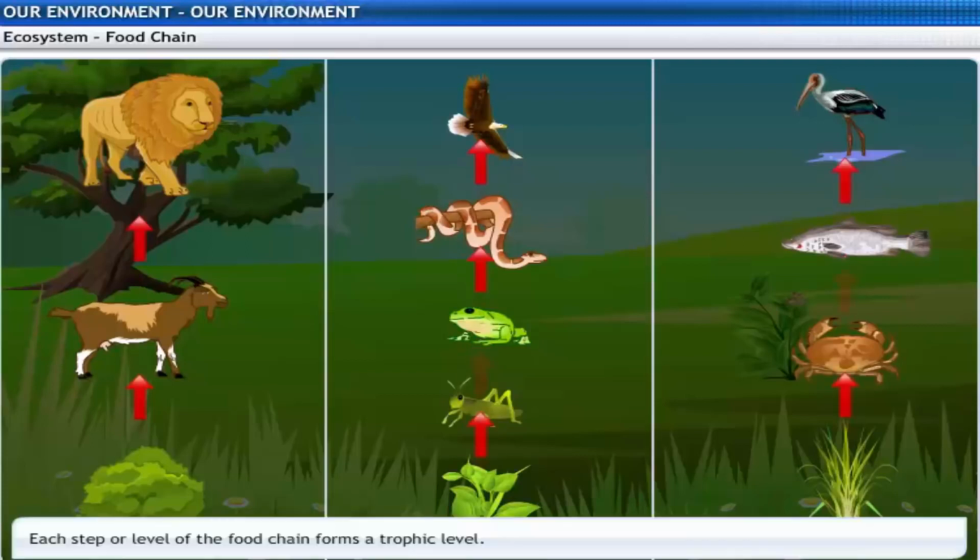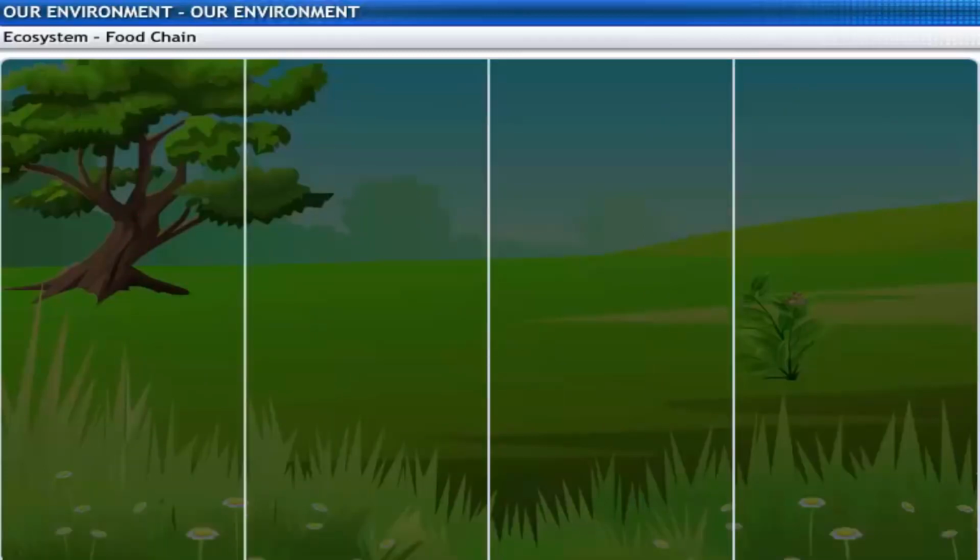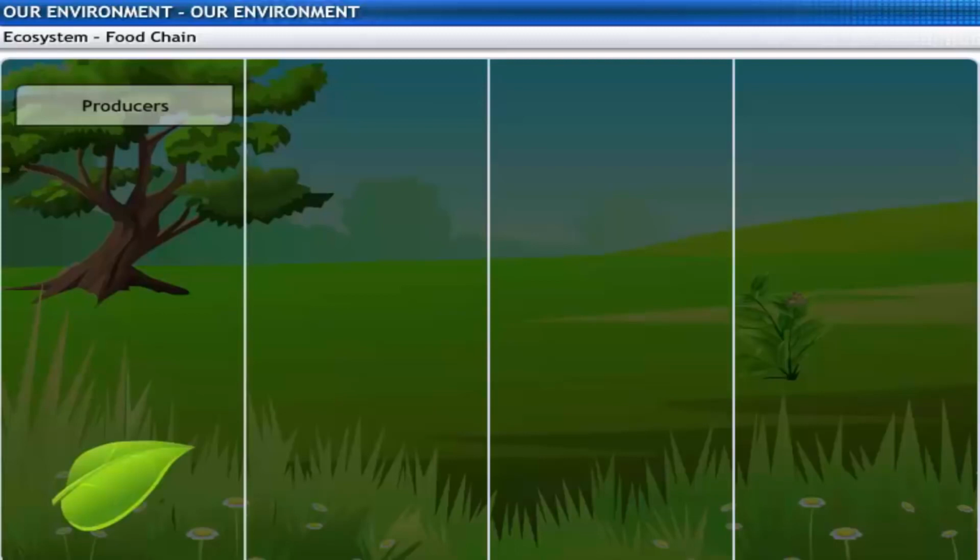Correct. Each step or level of the food chain forms a trophic level. Trophic levels are categorized as per their feeding behavior. The autotrophs or the producers, that is, the plants, are at the first trophic level.